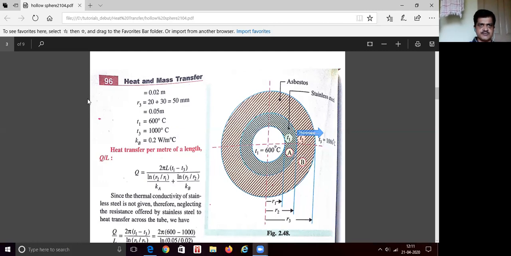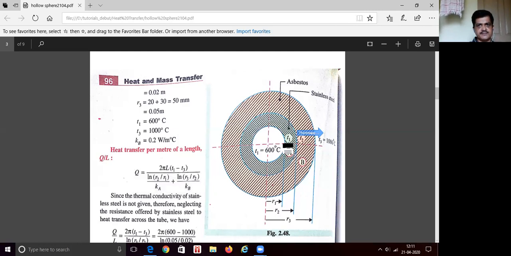See, this equation is very important. Q is equal to 2 pi L (T1 minus T3). If there are 3 layers, then in the denominator you have to take 3 additions. If there are 4 layers, 4 additions will be there. And in the numerator you see T1 minus T3.